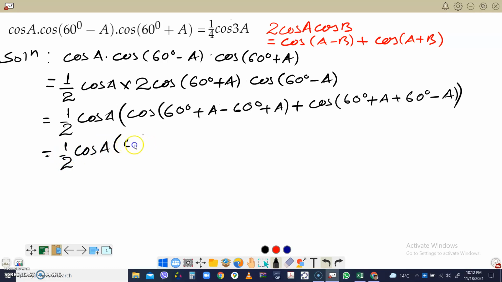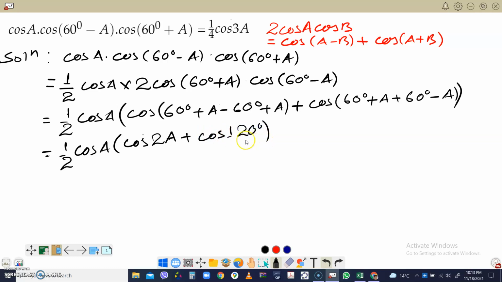Now first of all, simplify inside the bracket. It gives us cos, plus 60 and minus 60 will get cancelled out, so we'll be left with 2A. In the second one, plus A and minus A will get cancelled out, and then we'll be getting here cos 120°.